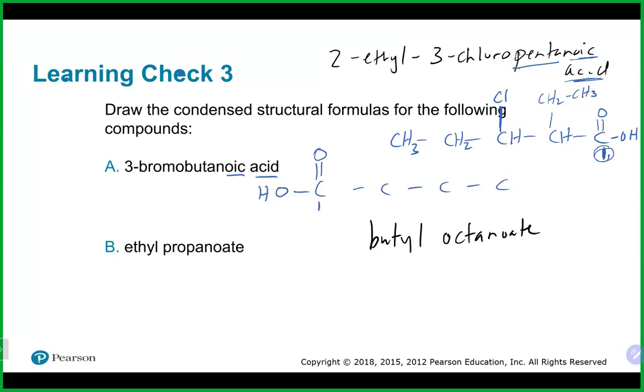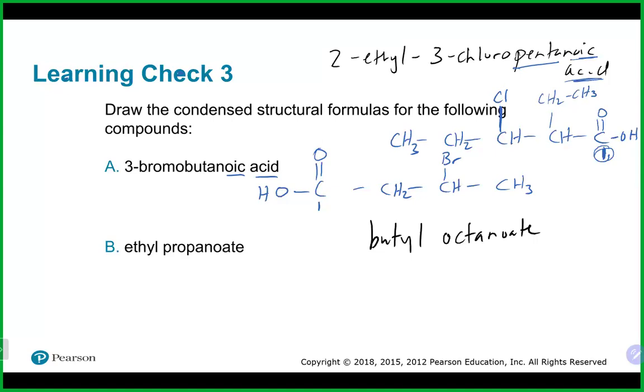Obviously, if you put it on the right-hand side, your 1 is still over there on the right. That means that carbon number 3 for me would be right about there. And now we would fill in our hydrogens to get carbon to 4. And that's it, I think. Any questions on that? Obviously, if you put the group on the other end, it looks just like mine, you just turn it around, basically, yeah.